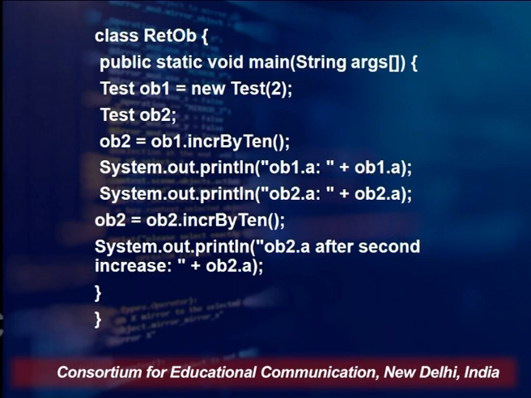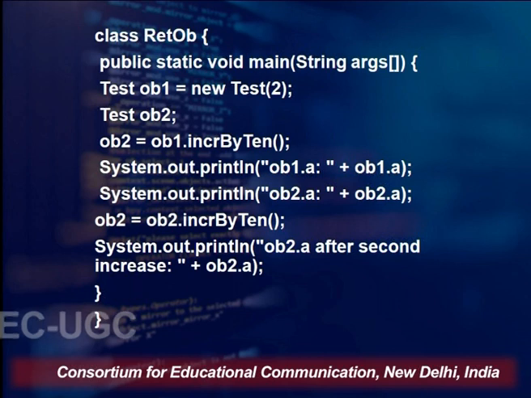So if we are going to see how it is going to work, we are going to print OB1.a, the value of OB1.a will be printed. Then we have OB2.a, the value of OB2.a will be printed, and once more we have called incrementBy10 using OB2 only. So OB2.incrementBy10, and the result will be again stored in OB2, and we have printed the value of OB2.a after the second increase.